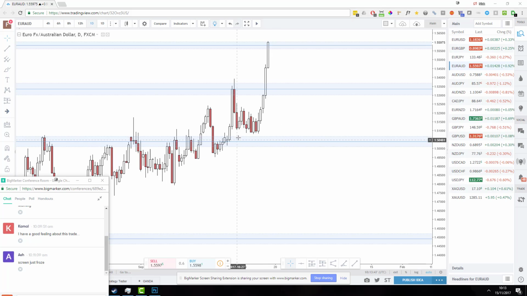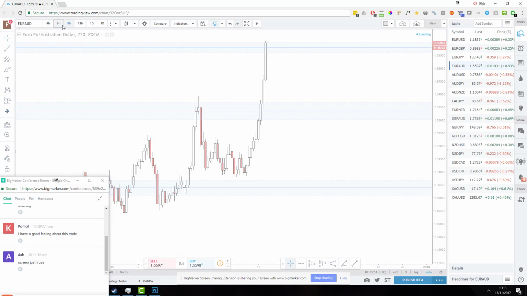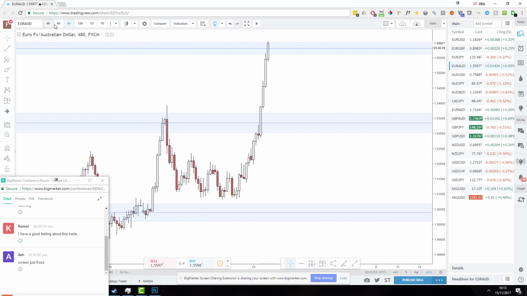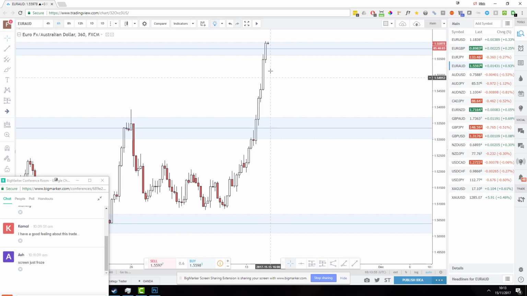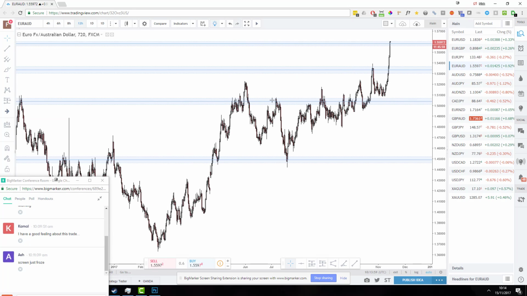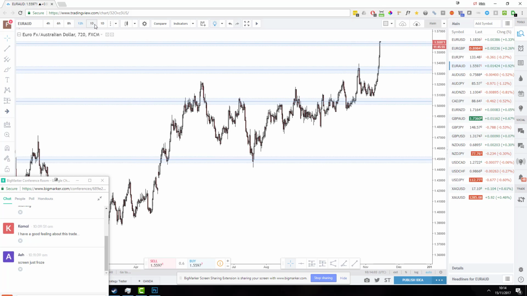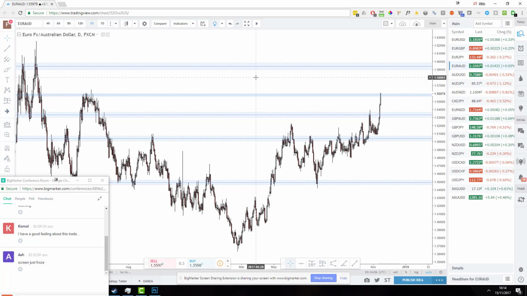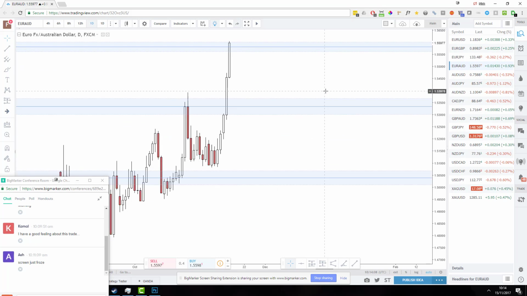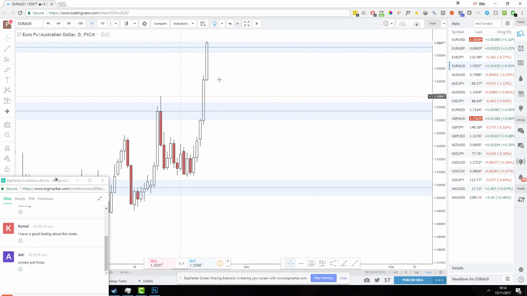Anyway, EURAUD. What's going on with EURAUD? I mean, it looks like it's already stalling on this resistance area. This is a really strong bullish move. Really strong. It's with the kind of overall bullish trend. Massively strong bullish move.